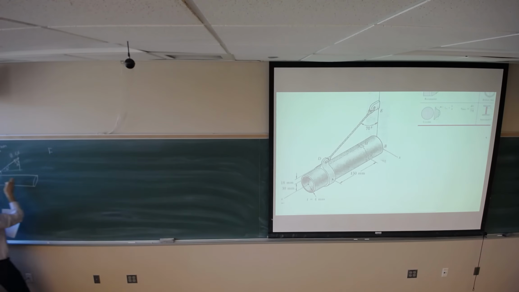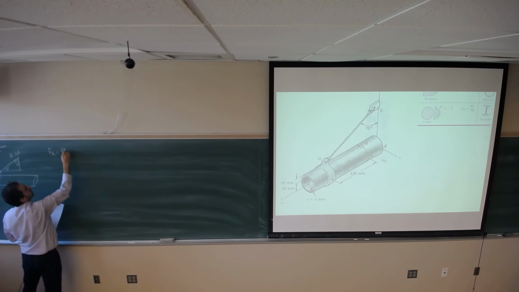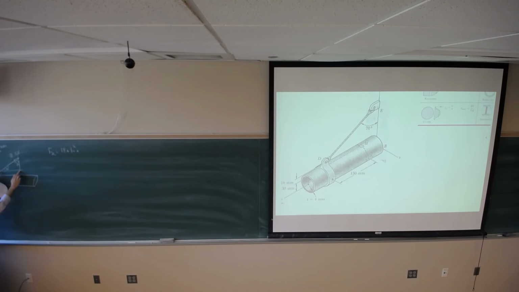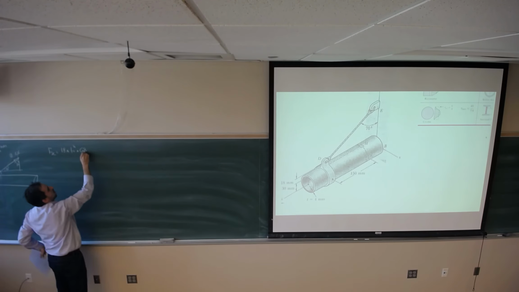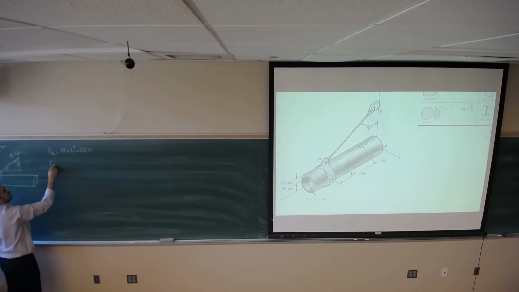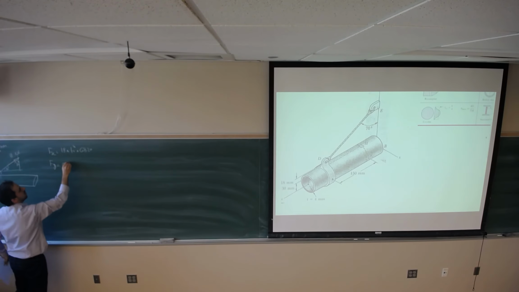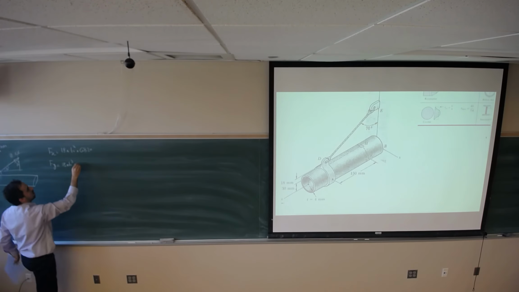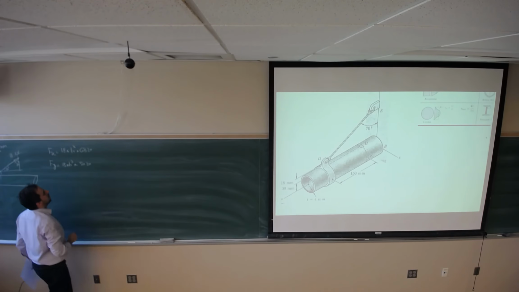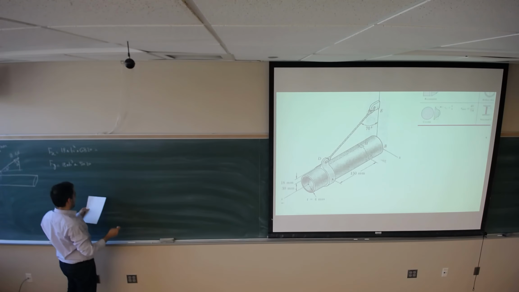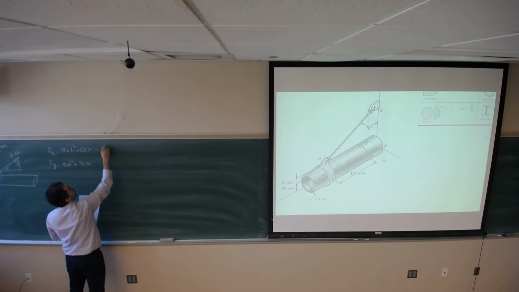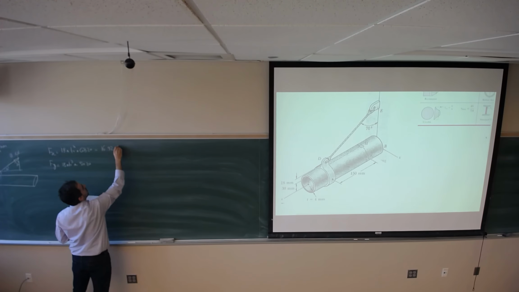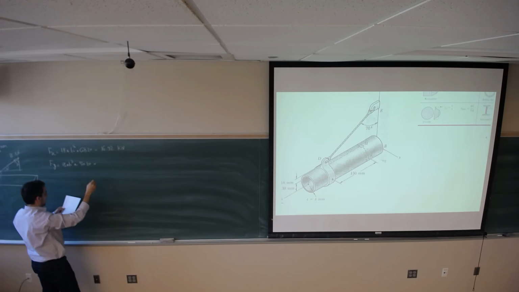So F in this direction, Fz, is going to be 18 kilonewtons times cosine of 20, and F in the y direction is going to be 18 kilonewtons times sine of 20. It's making 16.92 kilonewtons, and it's making 6.16.